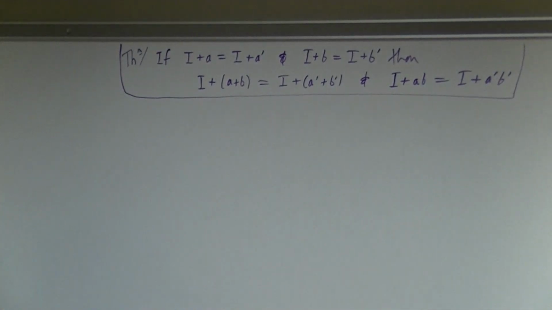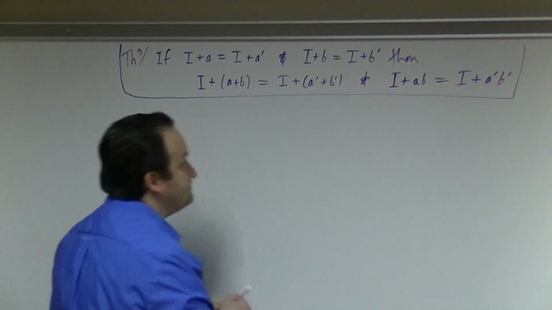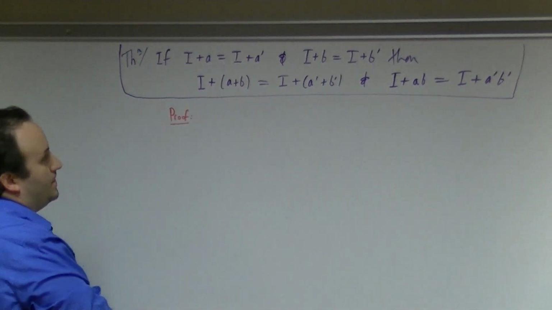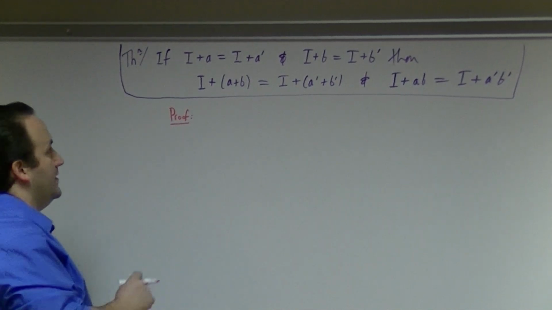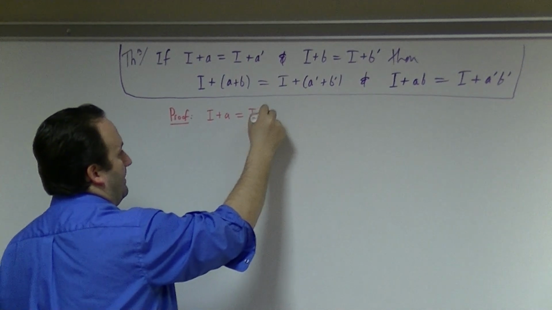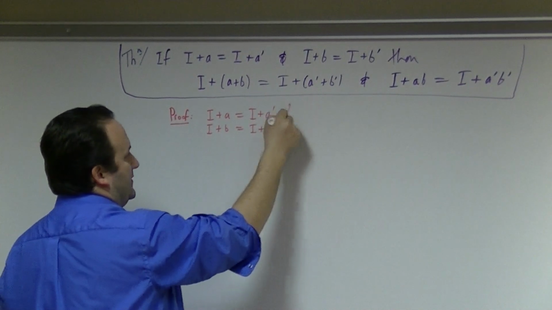So this proof is not that hard. How do we do it? First of all, if we assume I plus A equals I plus A prime, and I plus B equals I plus B prime, what do these tell me?